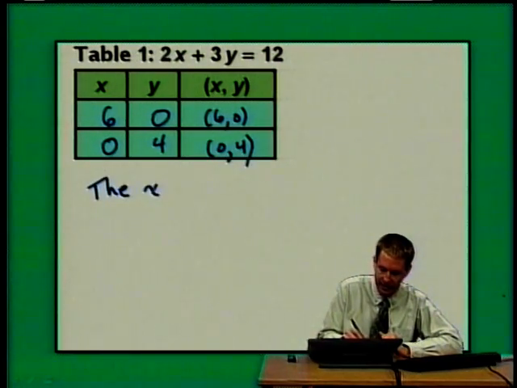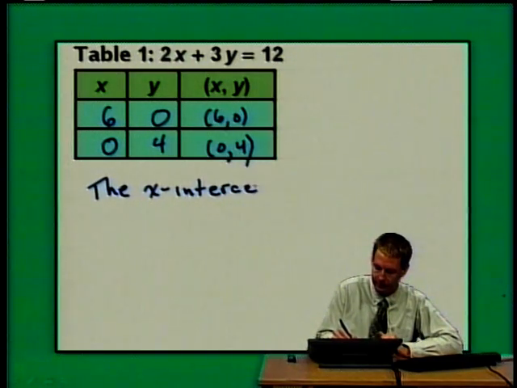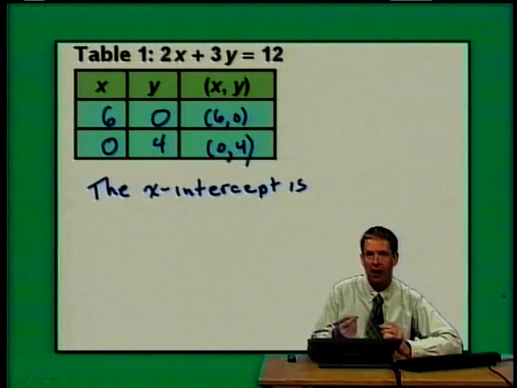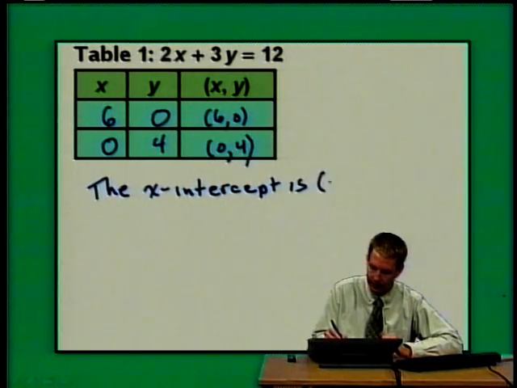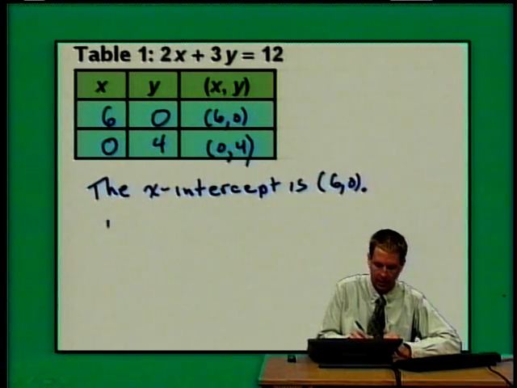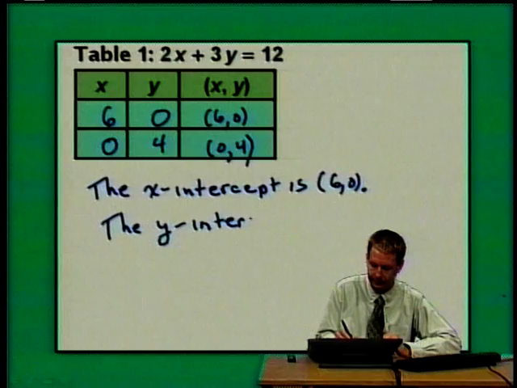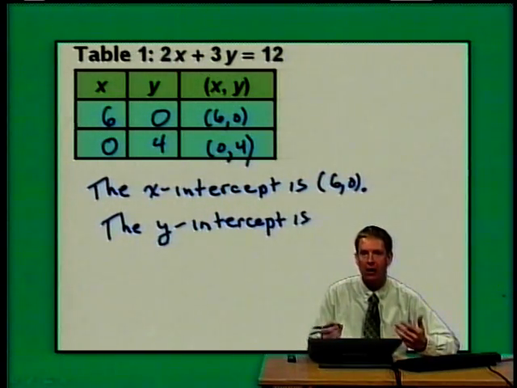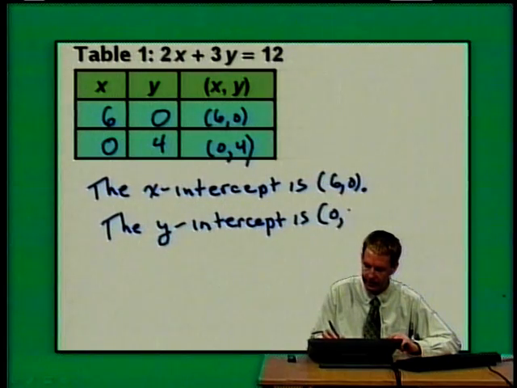The x-intercept is the ordered pair or the point (6, 0). The y-intercept is the ordered pair or the point (0, 4).